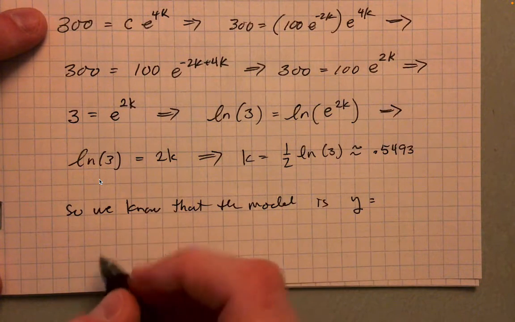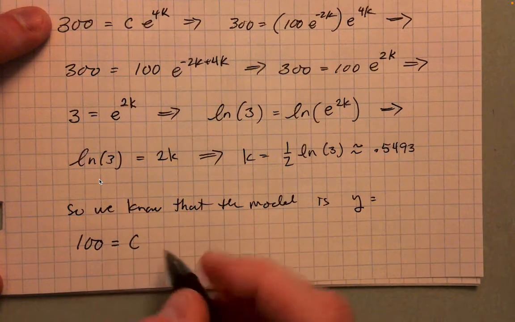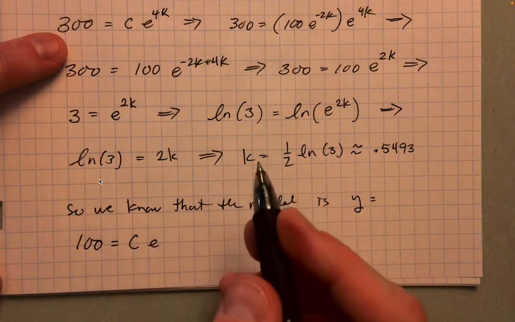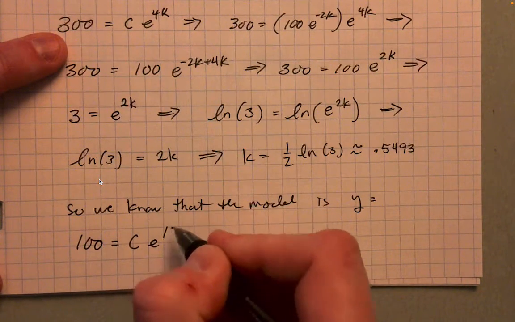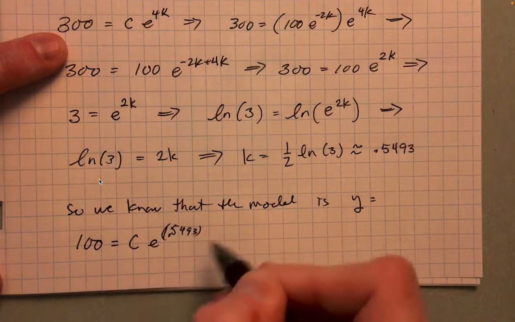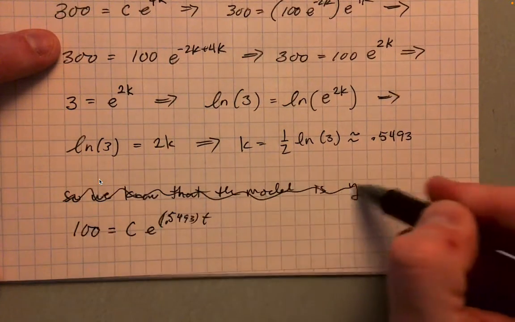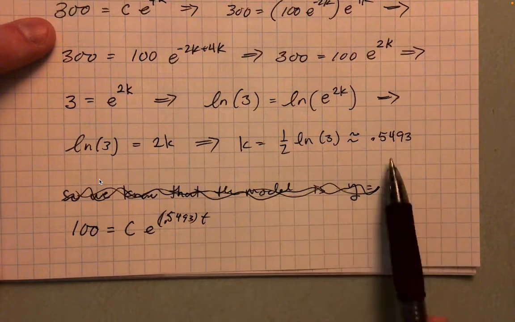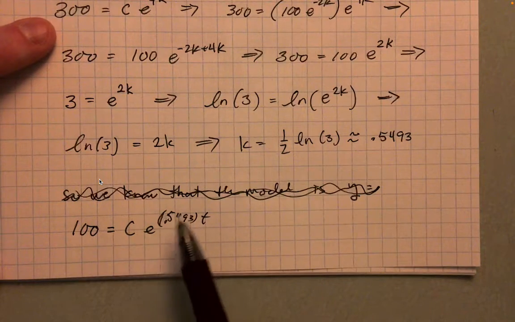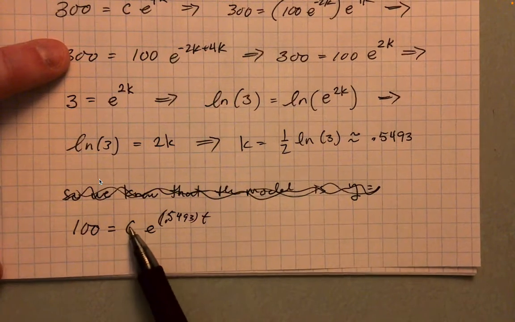So 100 equals c times e to the kt, and k we figured out was 0.5493, and then we need our t. I jumped the gun there. So plugging in our k, now we can use the initial condition to figure out what c is.